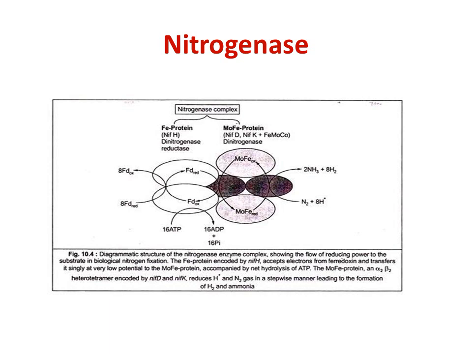So this is about the enzyme nitrogenase. Nitrogenase is an enzyme which is active under anaerobic condition, coded by NIF genes, and has two different proteins, Fe protein and FeMo protein.